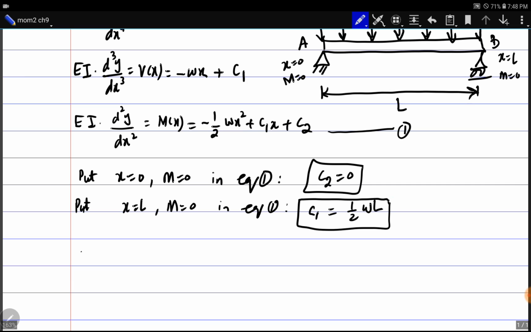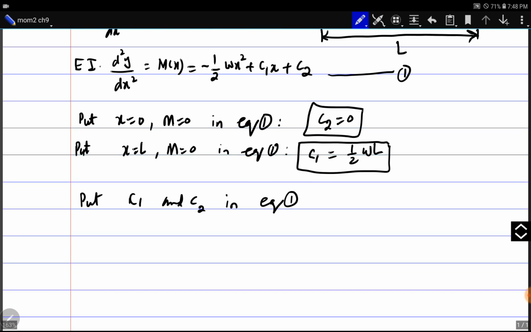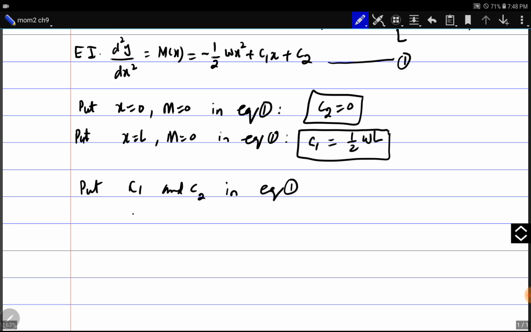Okay, so put back C1 and C2 in equation 1. We get EI d square y by dx square equal to minus 1 over 2 Wx square plus 1 over 2 WLx.